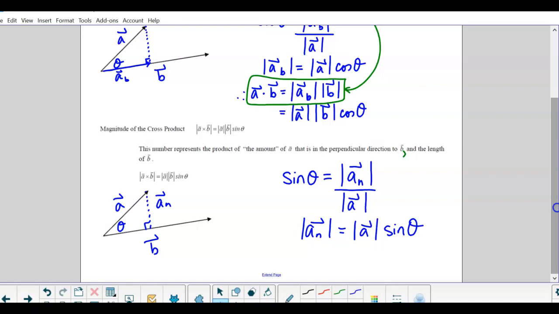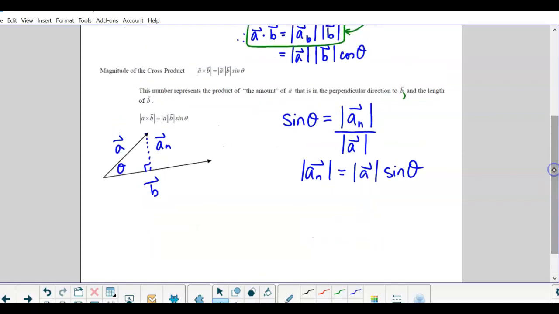So then by the definition here, cross product of A and B. So that's the definition.